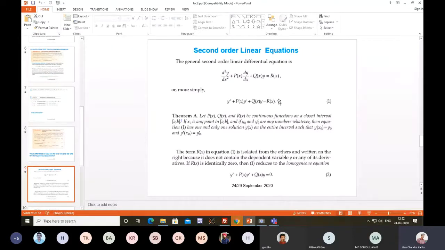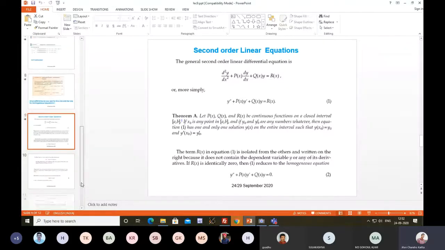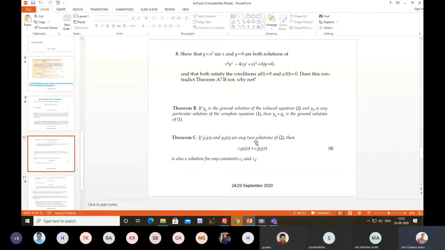then I get the corresponding homogeneous equation like this. This kind of questions I have already asked, so I don't want to spend much time on this. And then theorem B, this is nothing but the general solution in terms of complementary function and particular integral.